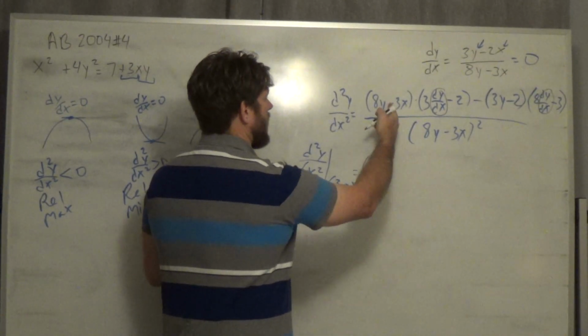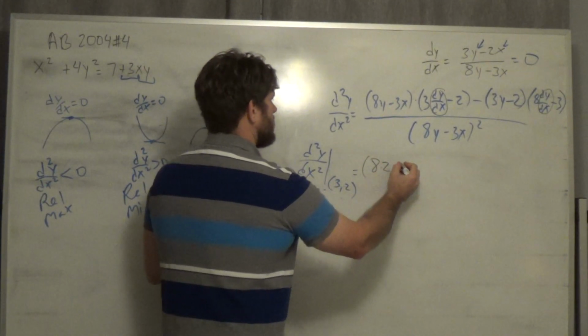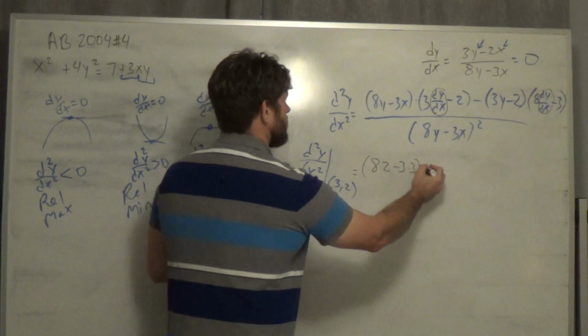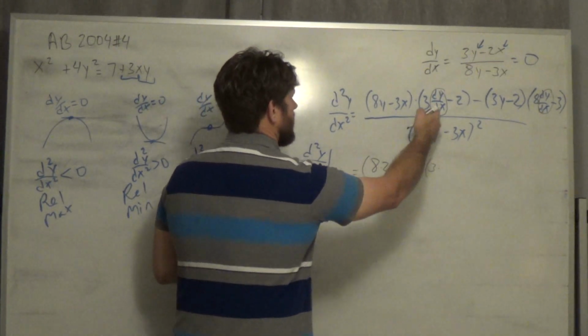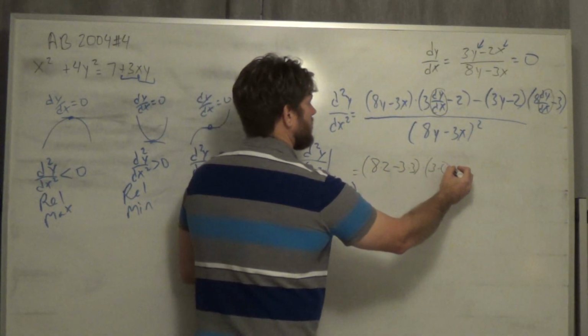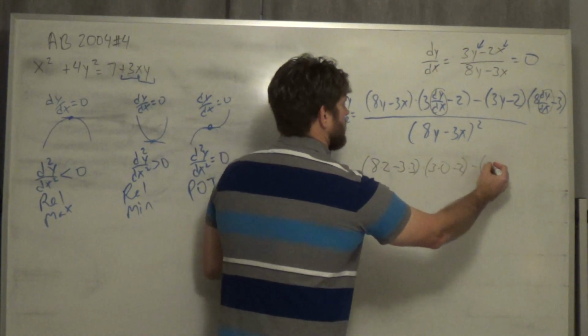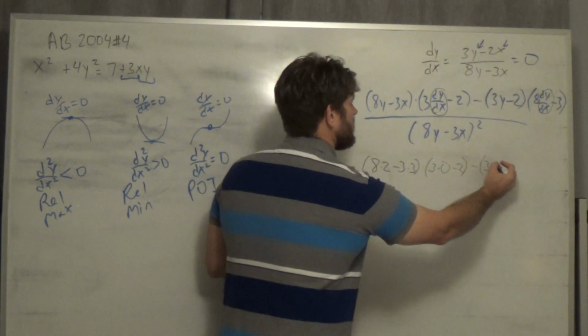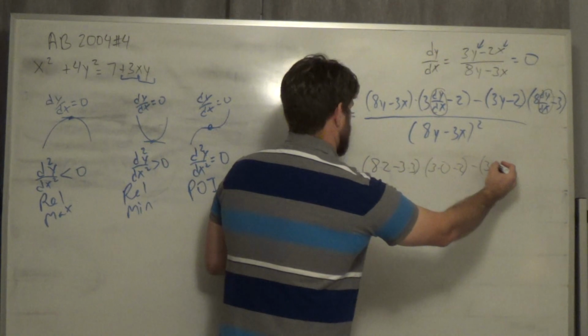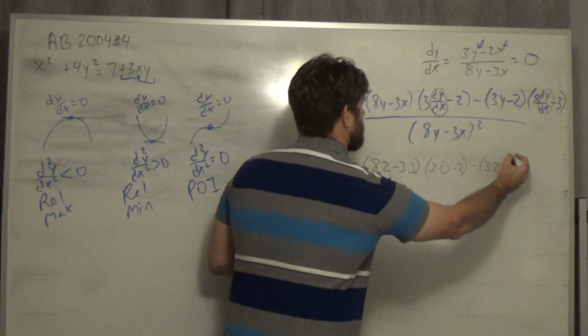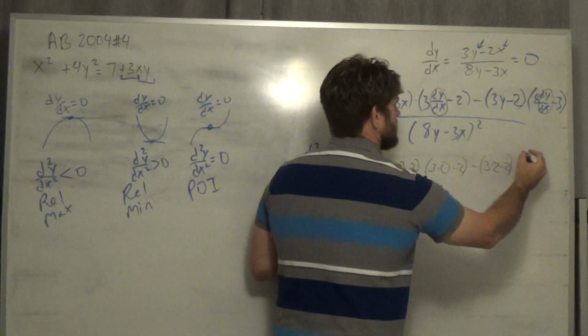Eight, y is a 2, x is a 3, that's a 0. Y is a 2. Again, that piece is a 0.